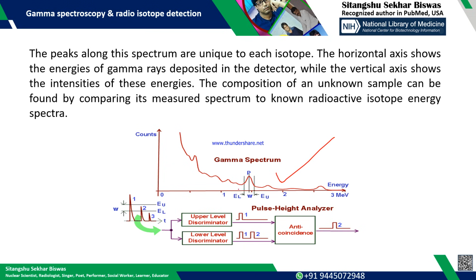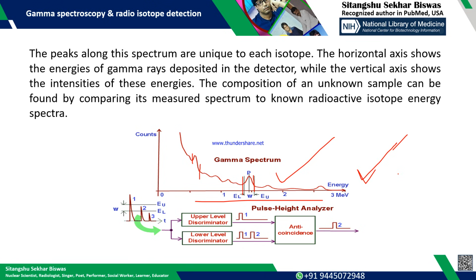Here you will get some peaks, this is one peak, this is one peak, showing the intensity. This is a typical signature, the typical presentation of a gamma spectrum.